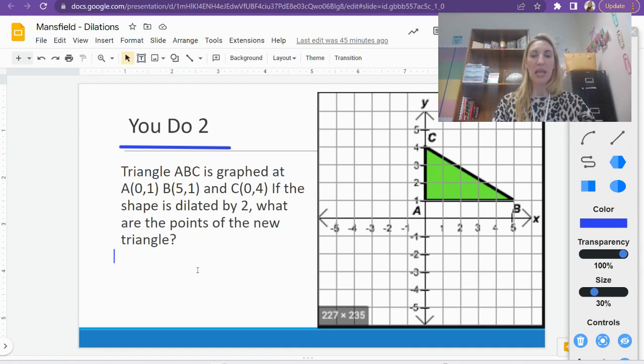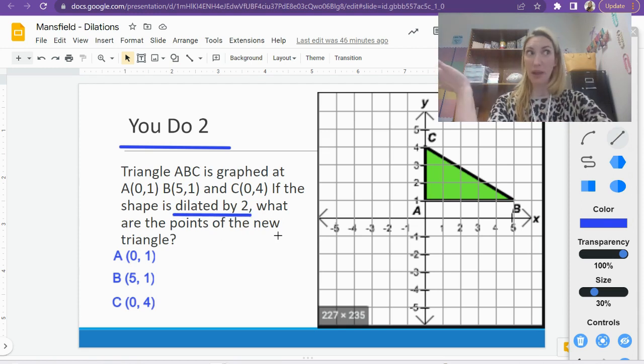Okay, but please write A(0, 1). And then you write on your paper as well, B(5, 1). And then please write C(0, 4). I want you to find A prime, B prime, and C prime. Okay, and I am telling you here that the shape was dilated by 2.